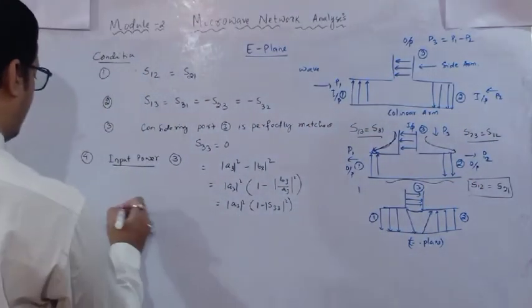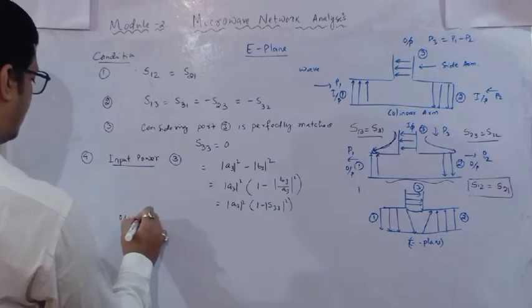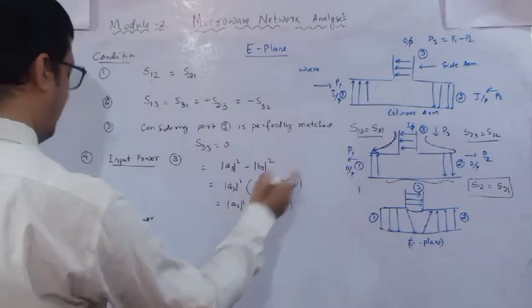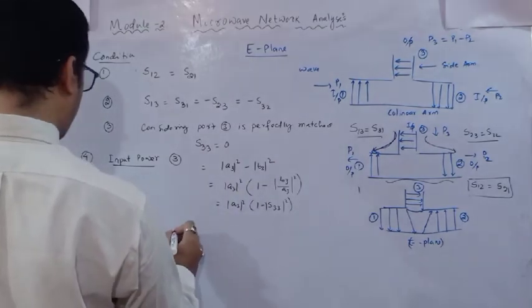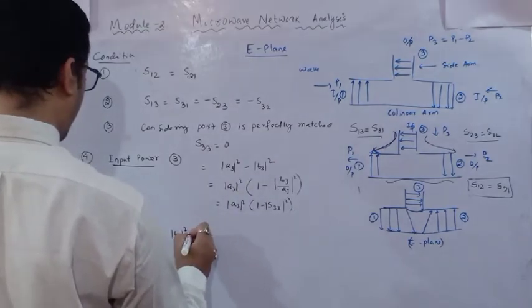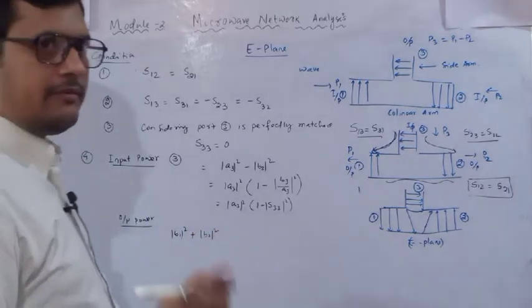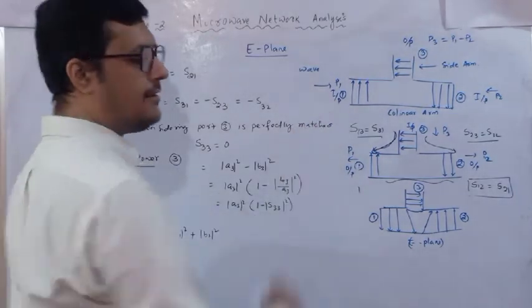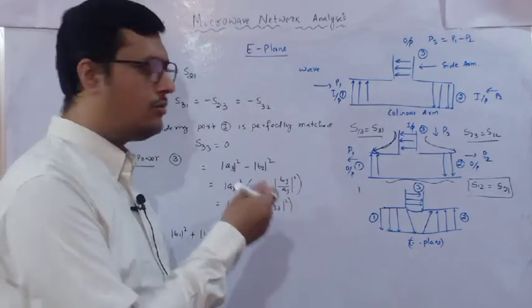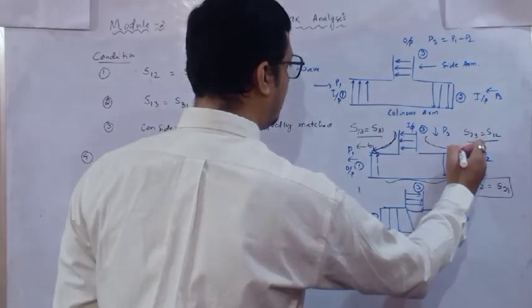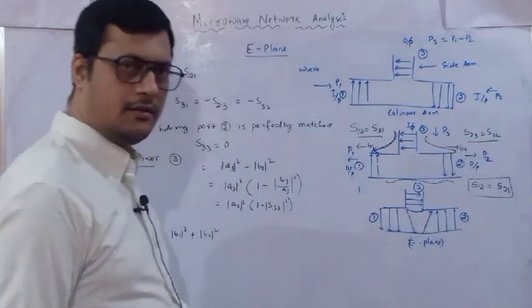Then output power at port 1 and port 2. So B1 square plus B2 square. Why am I considering B1, B2? Because here we are not energizing. Here it is only outgoing. So here we are considering B1, here we are considering B2. Done.